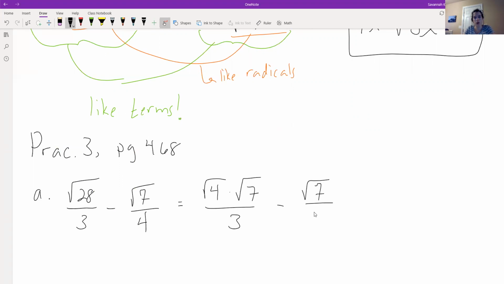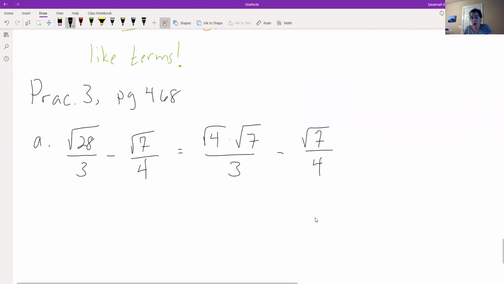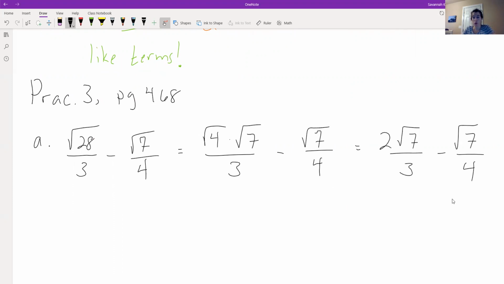I'll worry about getting like radicals, or simplifying radicals, I should say. I never am guaranteed like radicals before I worry about common denominators. So the square root of 4 becomes a 2. And this is as simplified as I can go in terms of roots.